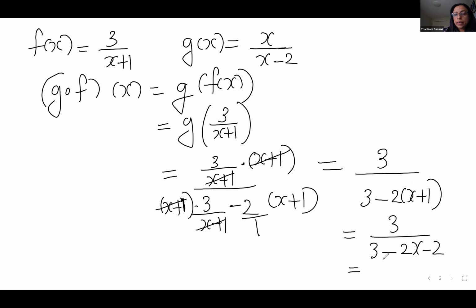That is 3 over negative 2x plus 1. So we have 3 over negative 2x plus 1. Okay. 3 over negative 2x plus 1. So that is our g of f of x.